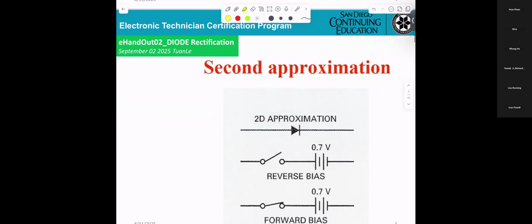Now we go into the practical diode. Diode, same thing, looks like here. Anode, cathode. And now, when they say reverse bias, that means diode open.